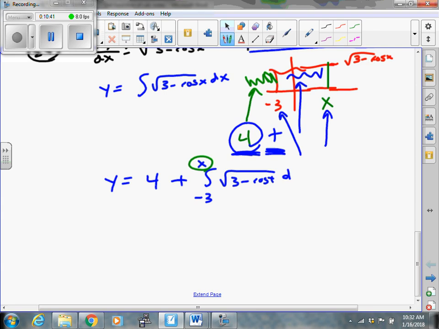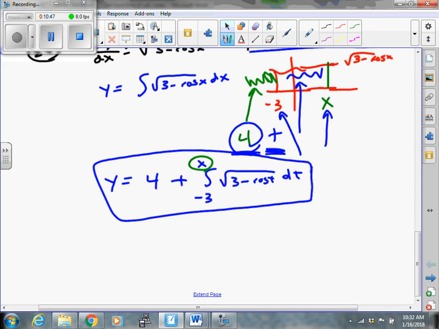And please don't forget your dt. So this is an equation because it has x's and y's, but it's in terms of an integral because the only information we were given was the derivative.